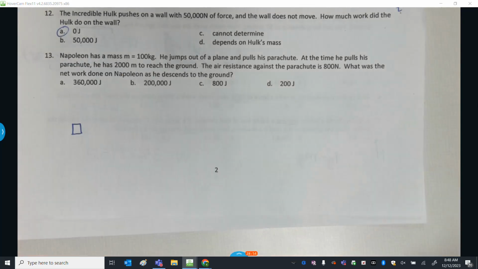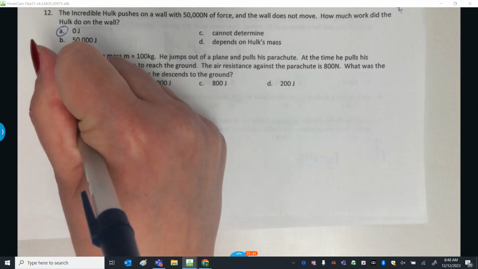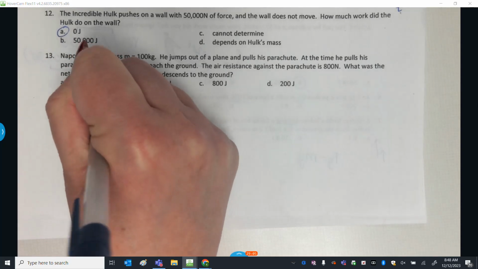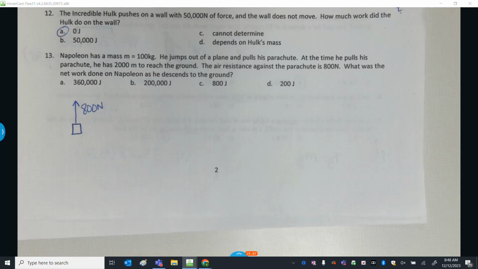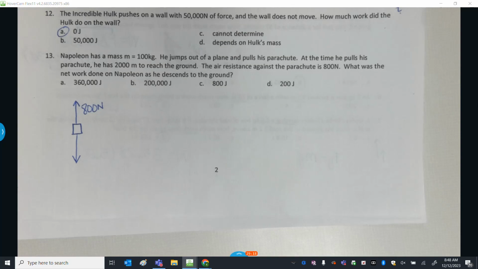So I know that there is an air resistance against the parachute of 800 newtons. So I know that I have this upward force of 800 newtons. However, Napoleon is still falling. And if you're falling, and even if you're not, if you're on Earth, you have to also include your force of gravity, his weight.